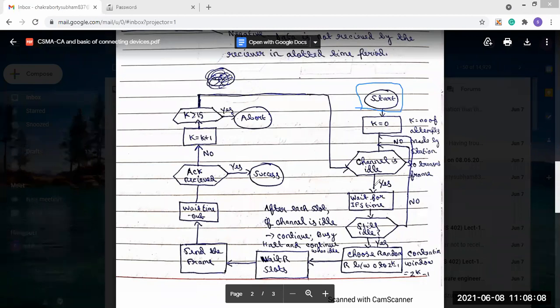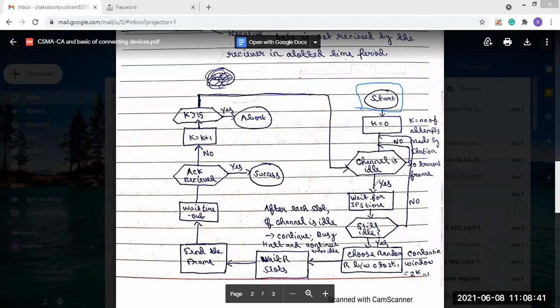It will wait for an IFS amount of time, which means extra time. This is the interframe space time. So after sensing that the channel is idle, it's okay, but it also waits for an IFS time. And after waiting the IFS time, it will sense the channel again.